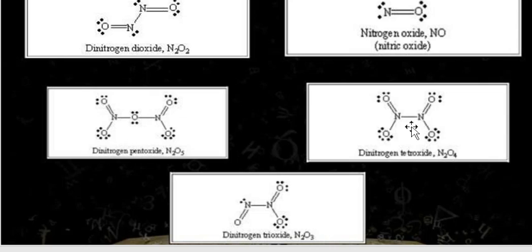So the species which can donate a lone pair of electrons acts as a Lewis base. So ammonia acts as a Lewis base due to the presence of a lone pair of electrons.